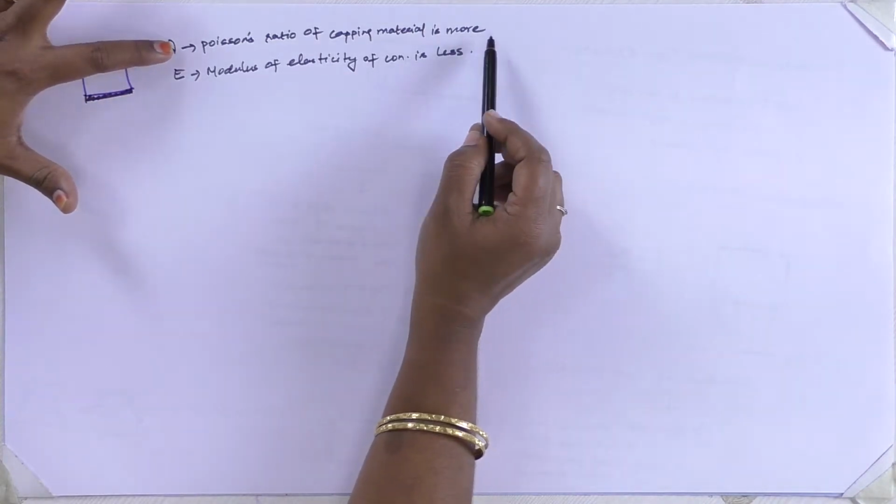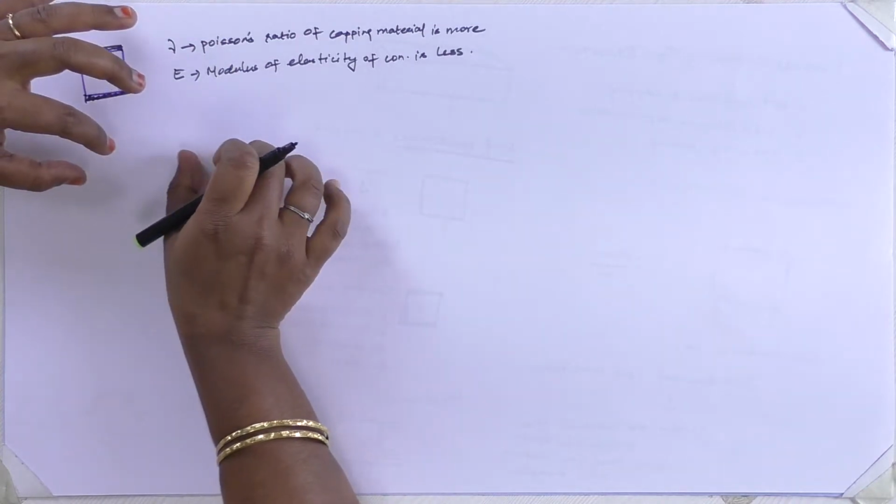Since the Poisson's ratio of the capping material is more, the frictional force acting here will not allow this material to expand more, and if the modulus of elasticity of concrete is less, then the kind of Platen effect which we see in a cube without any capping material will tend to nullify here.